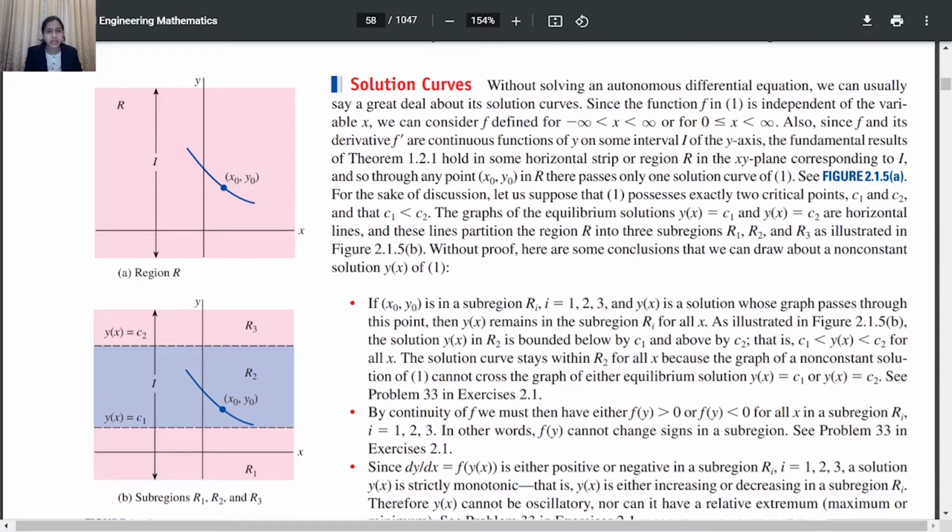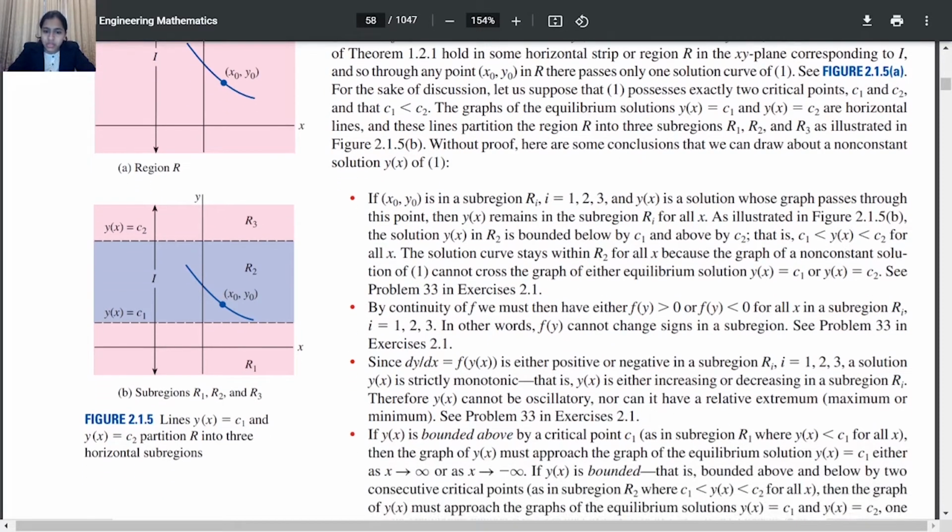Also, it cannot change sign. That is, f of y is either greater than 0 or less than 0 in any region. So if I am considering R1, it will be either greater than 0 or less than 0. In R2 it will be either greater than 0 or less than 0. In R3 again it will be either greater than 0 or less than 0. So these are a few properties that we can understand from this.